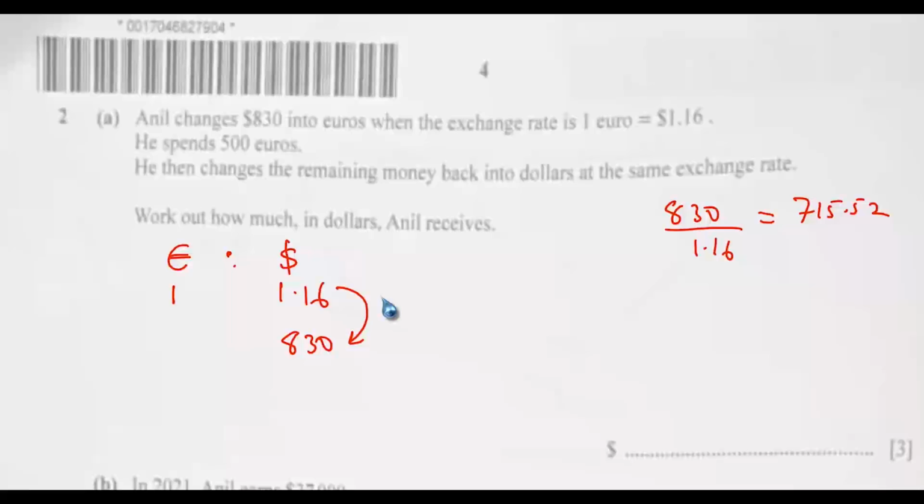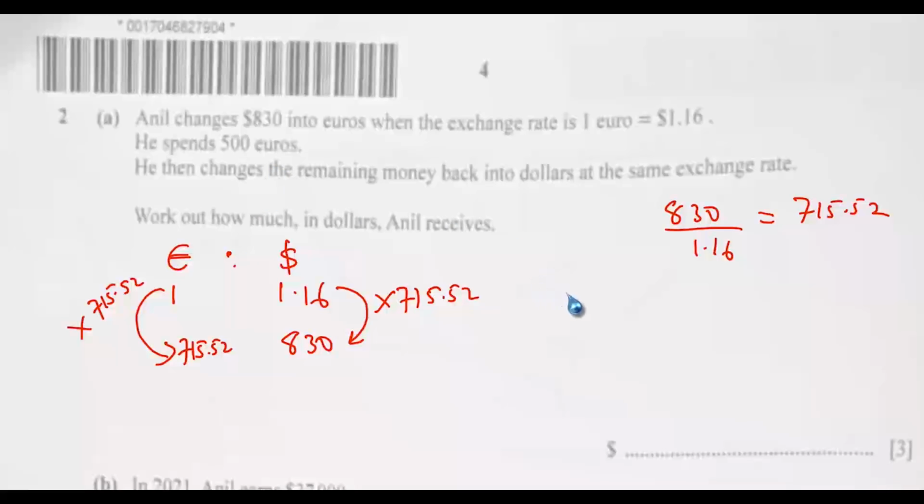Then that means 1.16 was multiplied by 715.52 to get $830. So we need to do the same thing on this side, that is times 715.52. So that will give us 715.52 here. So that means the equivalent of $830 is 715.52 euros.